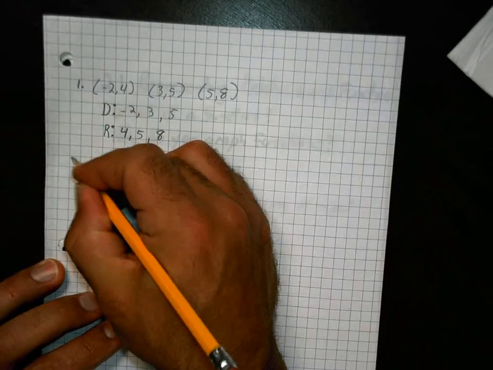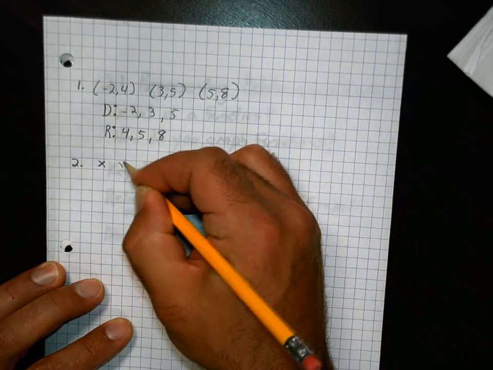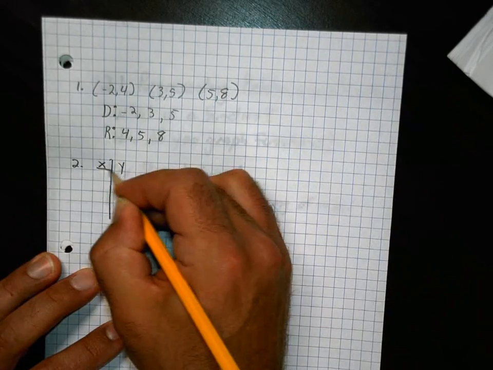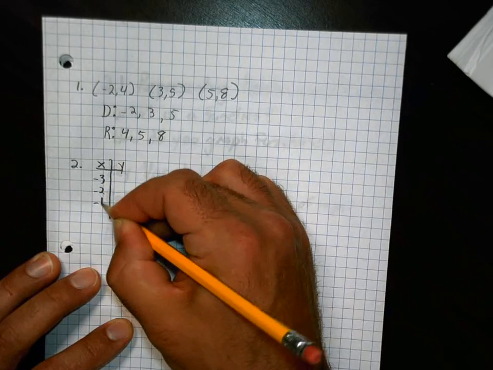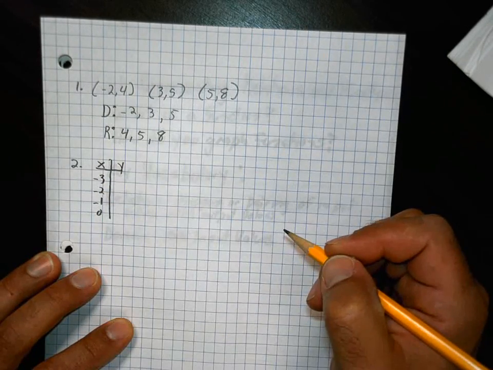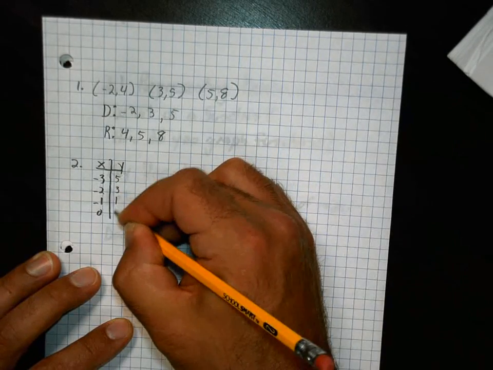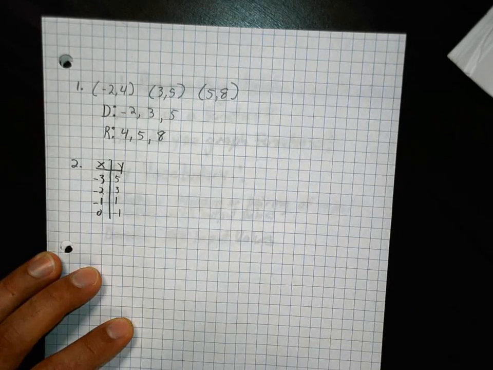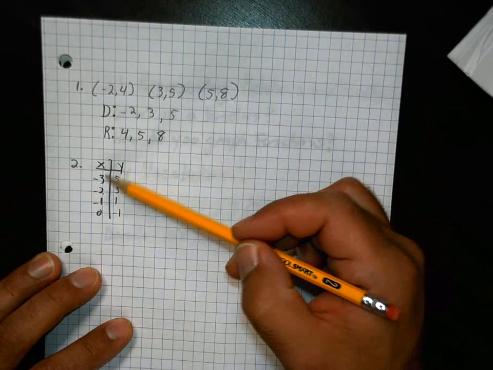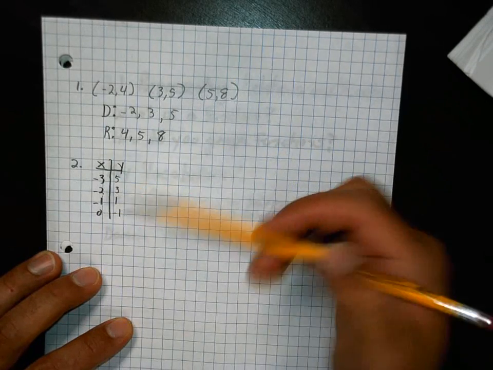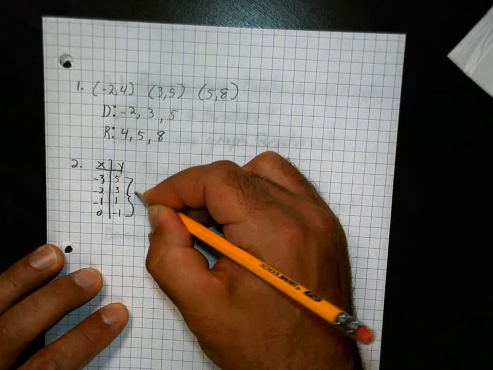For example, let's say I have a relation shown in a table, and there's my domain, and there's my range. Does each input have exactly one output? There are 4 separate inputs, and each input has exactly one output. So this would be a function.